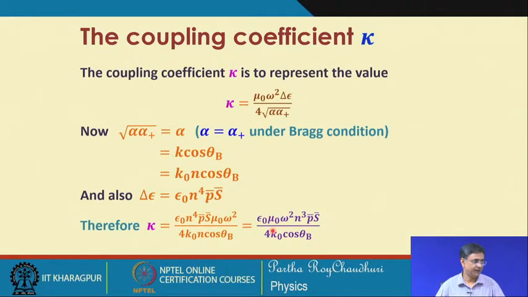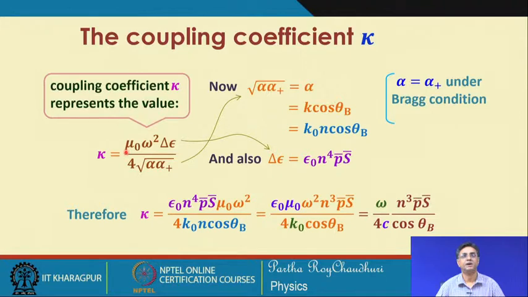Utilizing this we can write down this coupling coefficient kappa, but this k0 cancels, and you can write omega by c. So, this is the form of the coupling coefficient which is used.